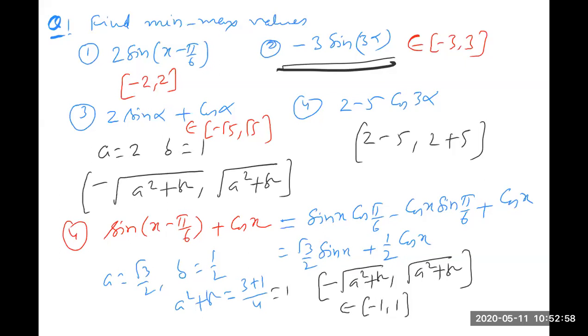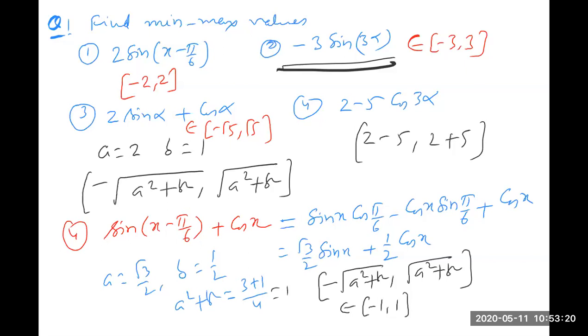See, in this what I have told you, when angles are different, please listen to this carefully. When angles are different, sin x minus pi by 6 plus cos x, so one angle is x minus pi by 6, another is x. So we cannot apply directly the formula. First, I have to reduce it in the form of a sin x plus b cos x. A and b I have to find out.